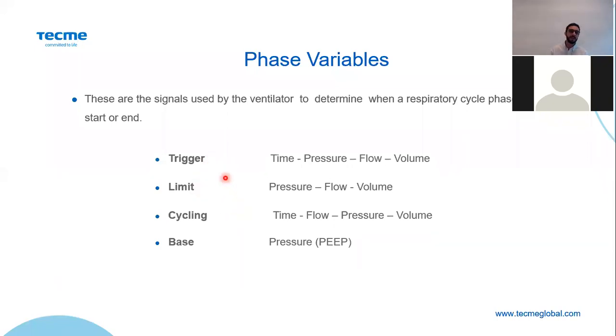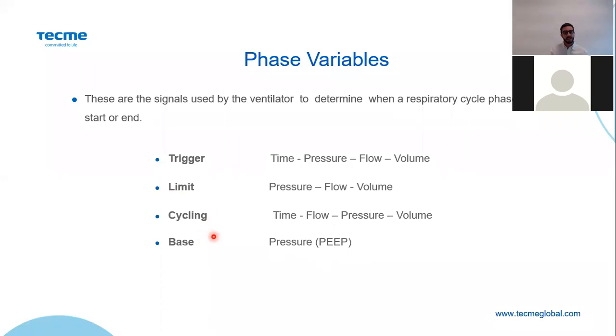Then we have the limit phase variable. This is the amount that the ventilator will reach or will deliver. For example, in a pressure control mode it is the pressure that the user is setting. For example, pressure, flow, or volume.